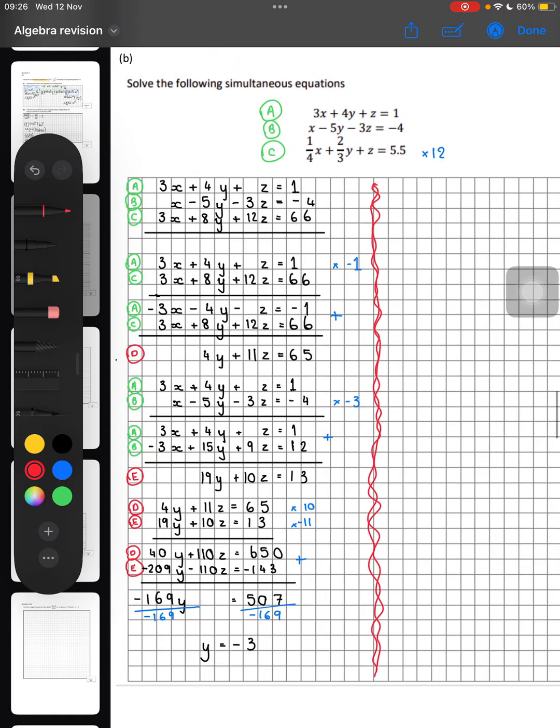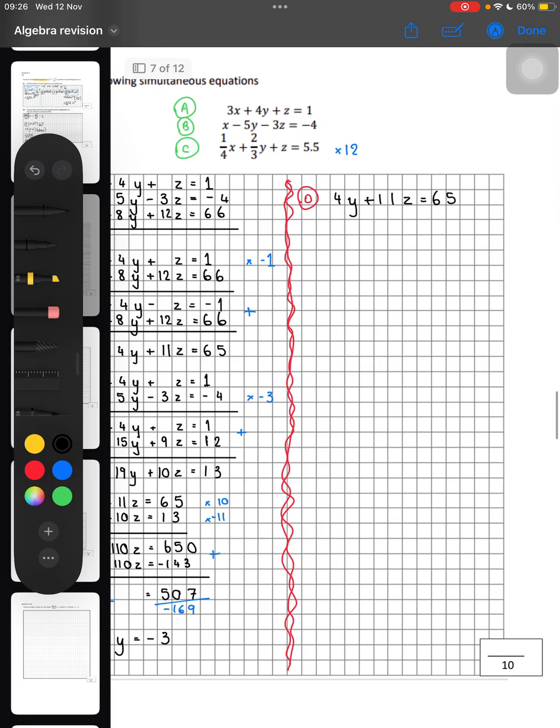So I'm going to put it back into one of my original equations. I'm going to choose equation D, so I'm going to write down the original equation I'm using. Equation D is 4y plus 11z is equal to 65.